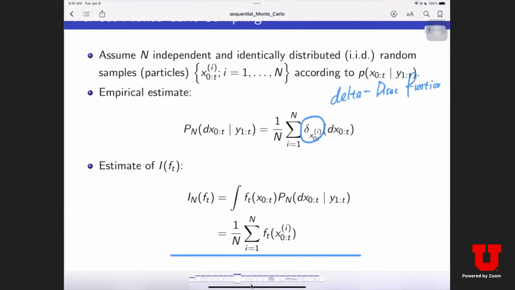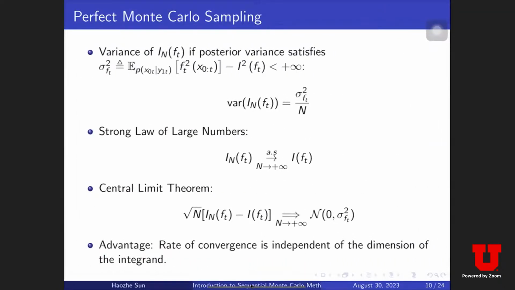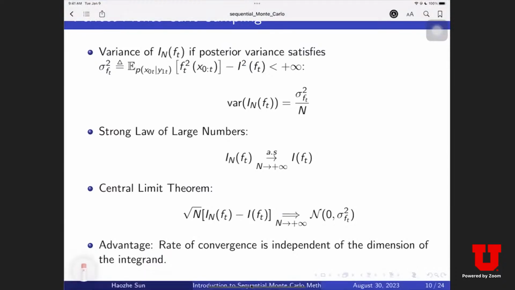Can I continue? If the posterior variance satisfies sigma ft less than the limit, we can get this function. I do not know how to prove it, I just state the result. Because of the strong law of large numbers, we can get this equation.